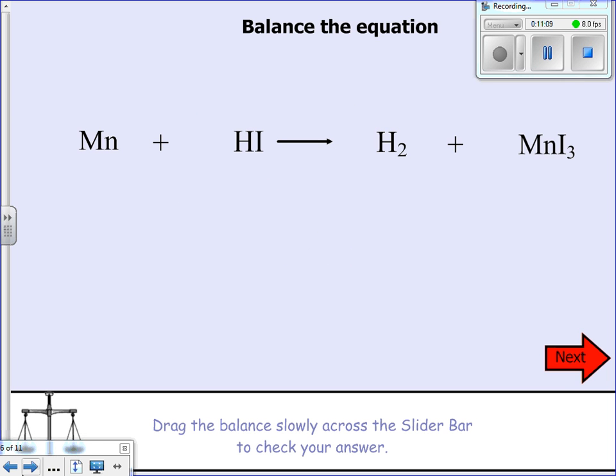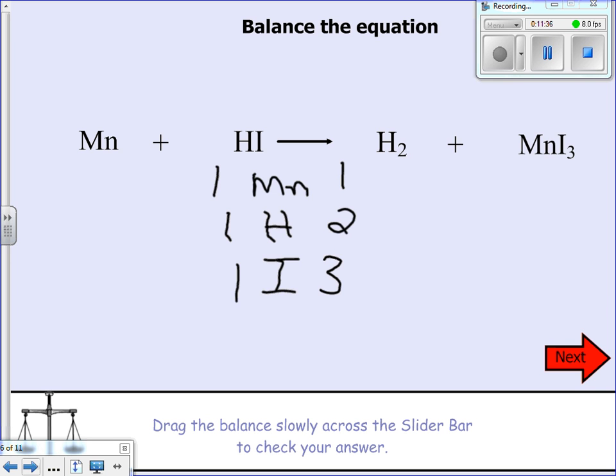Right, now I'll do one more example with you. Manganese plus hydroiodic acid plus hydrogen gas gives us manganese 3 iodide. So manganese, hydrogen, and iodine. We have 1 manganese and 1 hydrogen and 1 iodine on the left and 3 on the right.